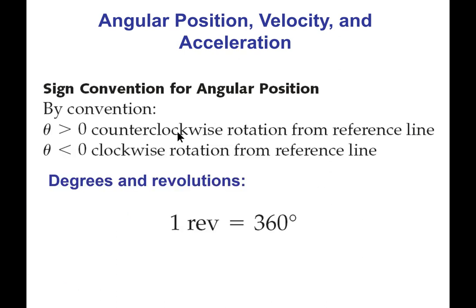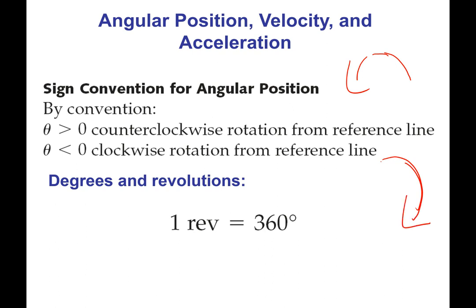Now, signs: is it counterclockwise or clockwise? If your theta is greater than 0, you're going counterclockwise, which would be that way. If you're going clockwise, it's going to be less than 0, so you're going into the negative.